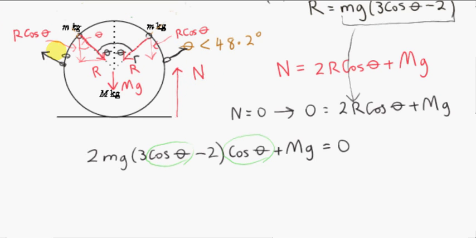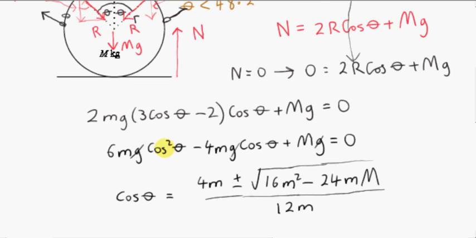In other words, the vertical components of these two forces will be upward and big enough to overcome the weight of the hoop. Basically the sum of these two components has to be at least as big as the weight of the hoop. So what angle causes that to happen? So we could try to solve this for cos theta. It's not 100% clear why we would do that, but this will actually answer the question for us.